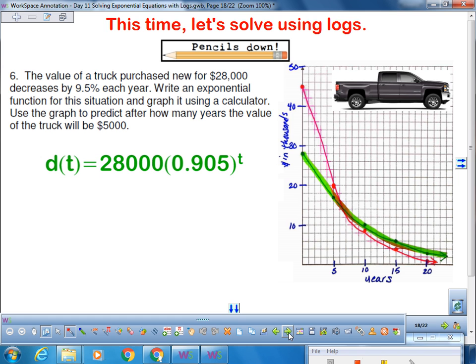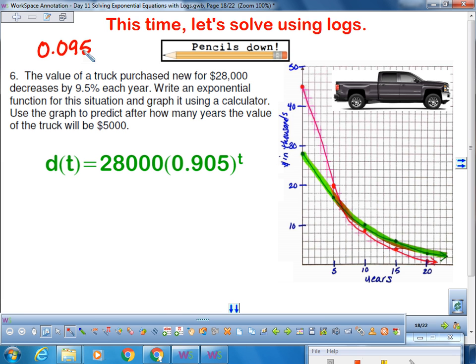Here's another one. The value of the truck purchased new is 28 grand, decreasing by 9.5%. There's that decreasing. It went down by 9.5%. 1 minus 0.095 is 0.905, because 9.5% is actually 0.095. Write an exponential function for the situation and graph it using a calculator.